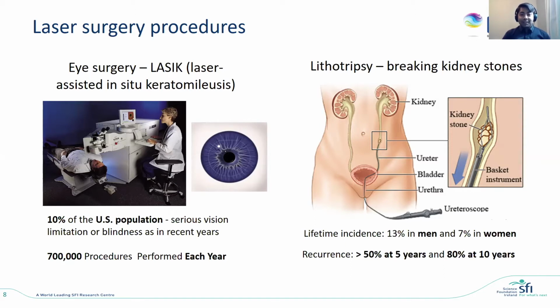And this is actually a decrease from the last years. So it's a very common procedure already. And obviously in the US, 10% of the population has serious vision limitations or blindness. So there is a huge market there, but there's technology that is even expanding even more to other countries in the world.